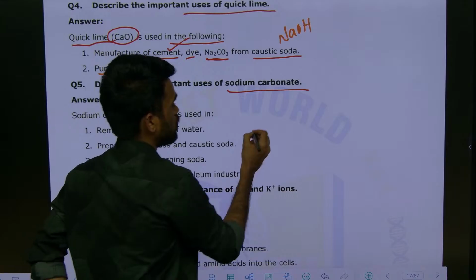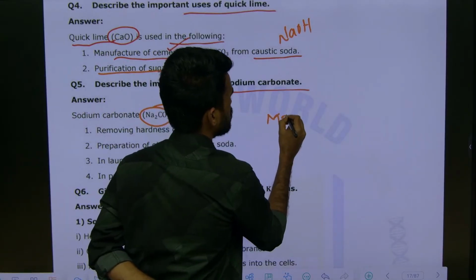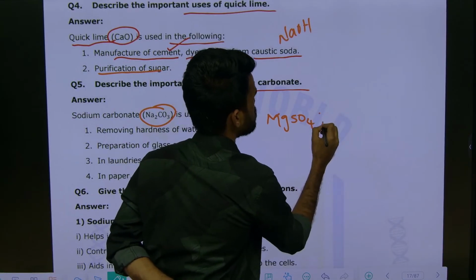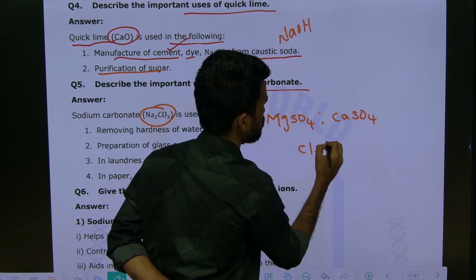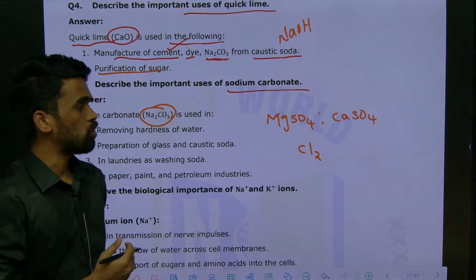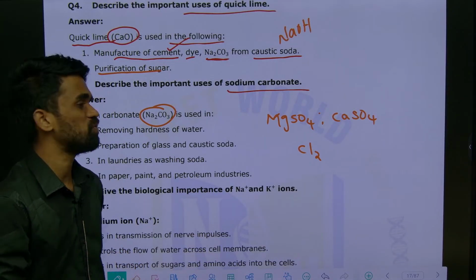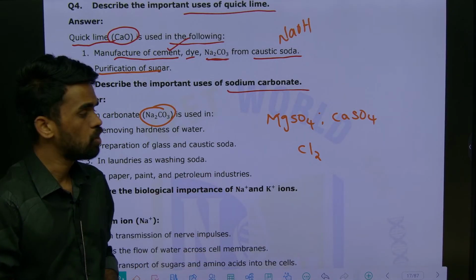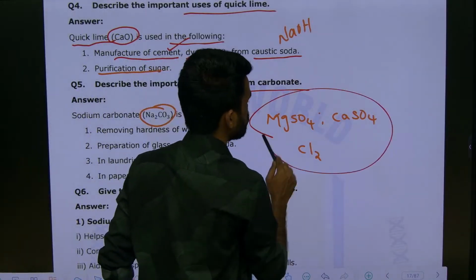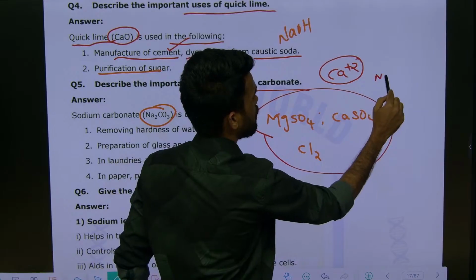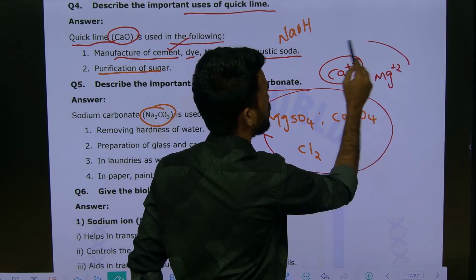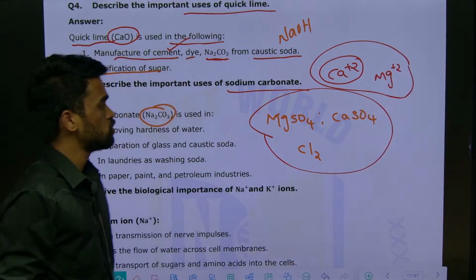Especially magnesium sulfate, calcium sulfates, or chlorides of magnesium and chlorides of calcium. These cause hardness to the water. So we need to remove calcium 2+ salts and magnesium 2+ salts, like group 2 metal salts, you can remember. So that we need to remove.